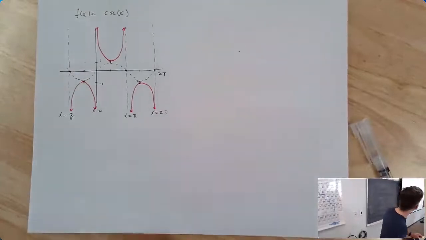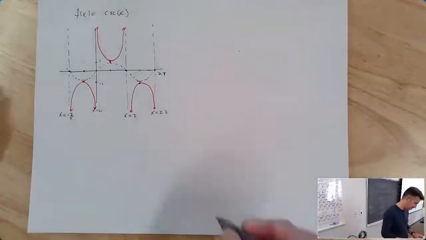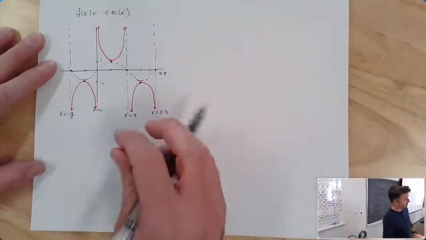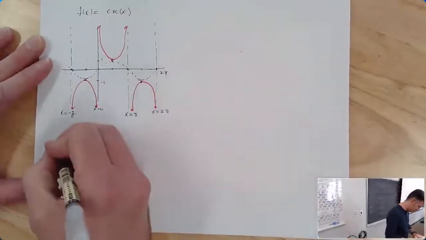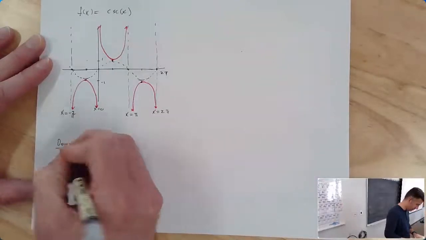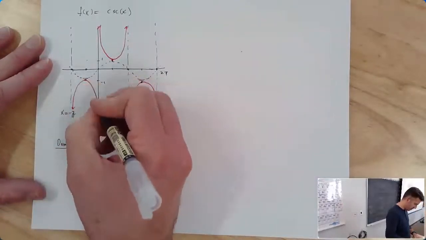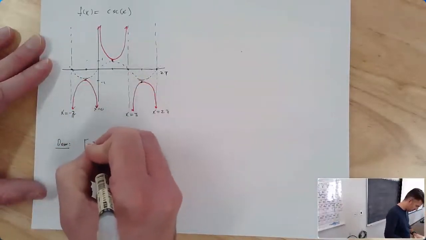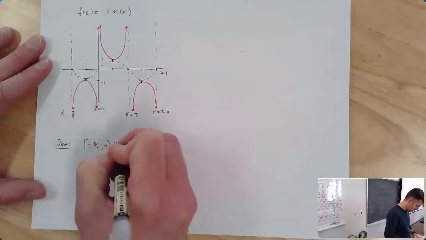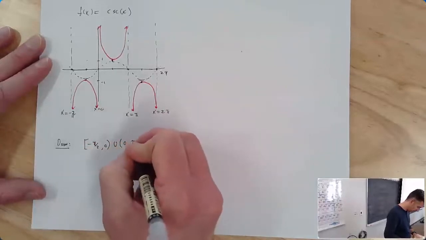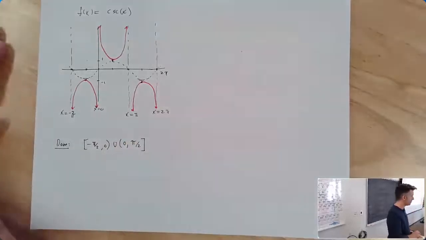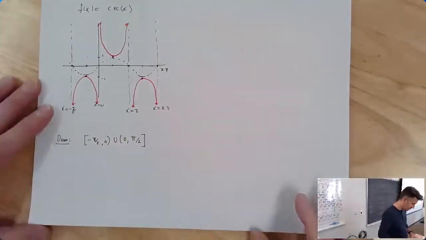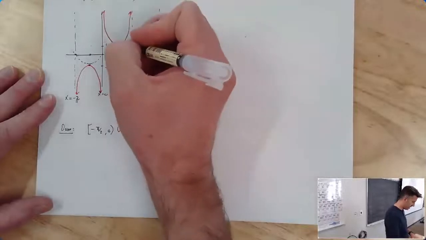So I actually don't know what we choose, to be honest. I haven't thought about it in a while. It looks like one choice of the domain that we're going to restrict it to could be negative pi over 2 to 0, union 0 to pi over 2. If we make that choice, I'm just picking this section and that section.